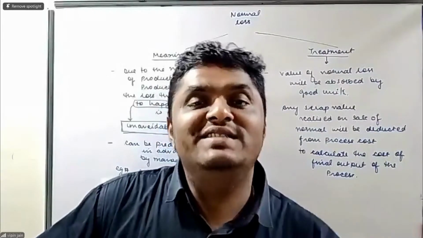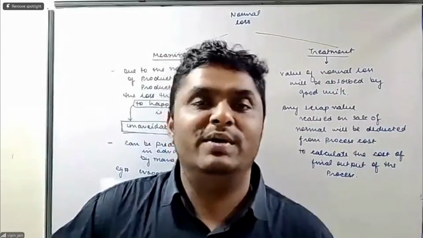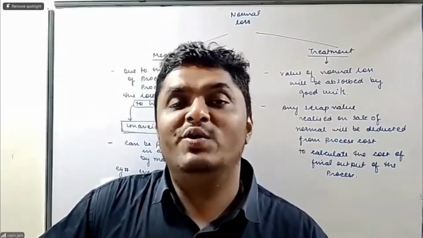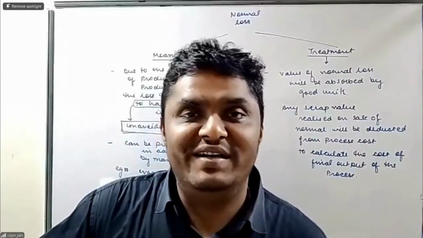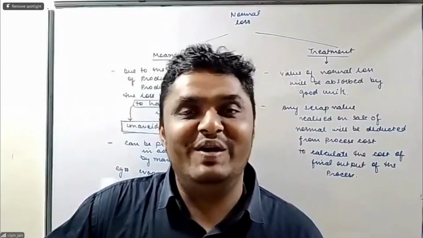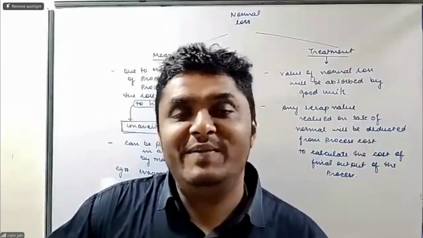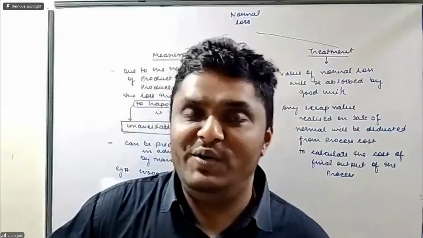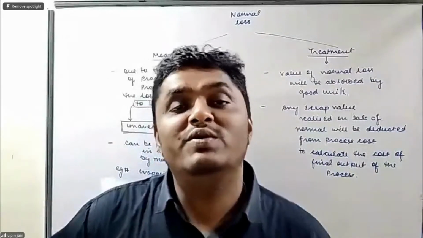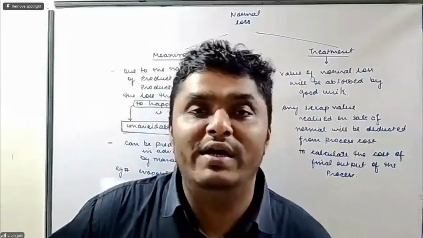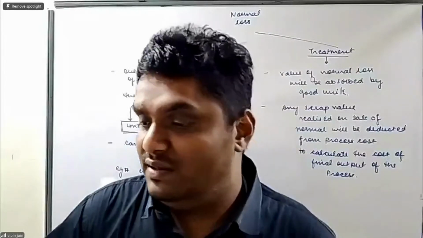So that percentage is normal loss. सीधी और आसान भाषा में आप चाय बना रहे हो. During the course of preparing tea, a certain percentage of water is evaporated. So that is what we call normal loss. Another example, let's say I'm the manufacturer of potato chips from potatoes, and during loading, unloading, and transportation, कुछ potatoes damage होते ही हैं. I can't avoid it. That is normal loss.